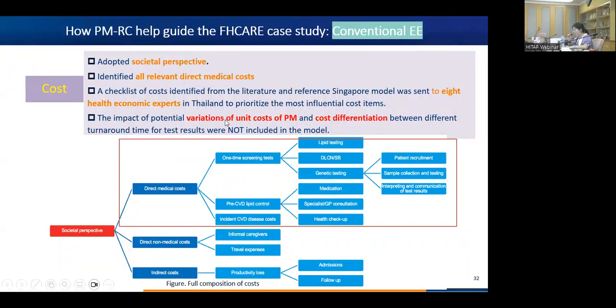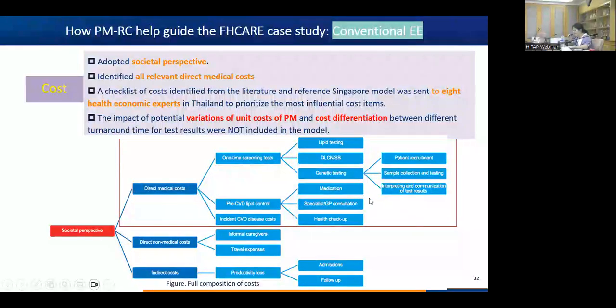Following PMRC's recommendation, we identified all relevant direct medical costs, as can be seen in the figure below, including one-time screening test, pre-CVD lipid control cost, and incident CVD disease cost. The one-time cost of the FH screening test includes first the lipid testing, second the DLCN, and third the genetic testing. The genetic testing costs include patient recruitment, sample collection, and testing, interpreting and communication of test results.